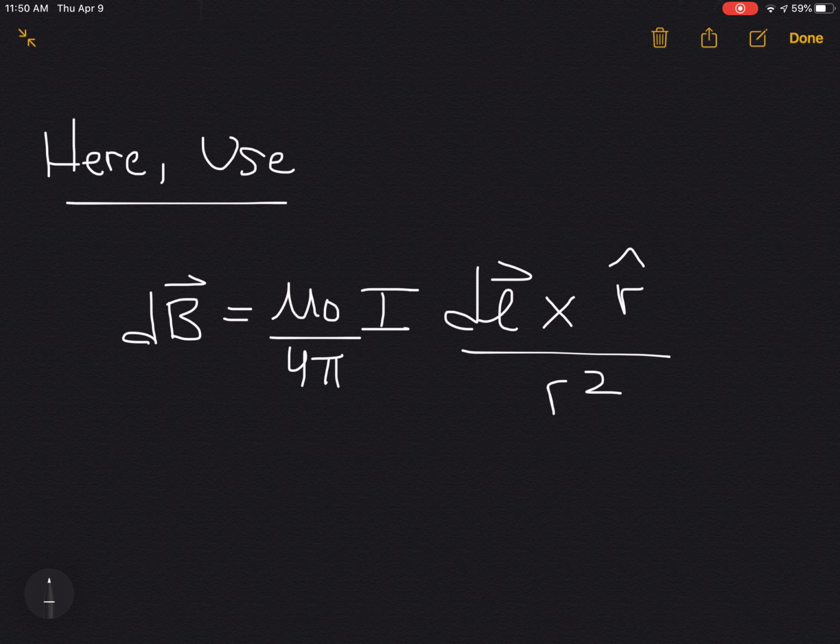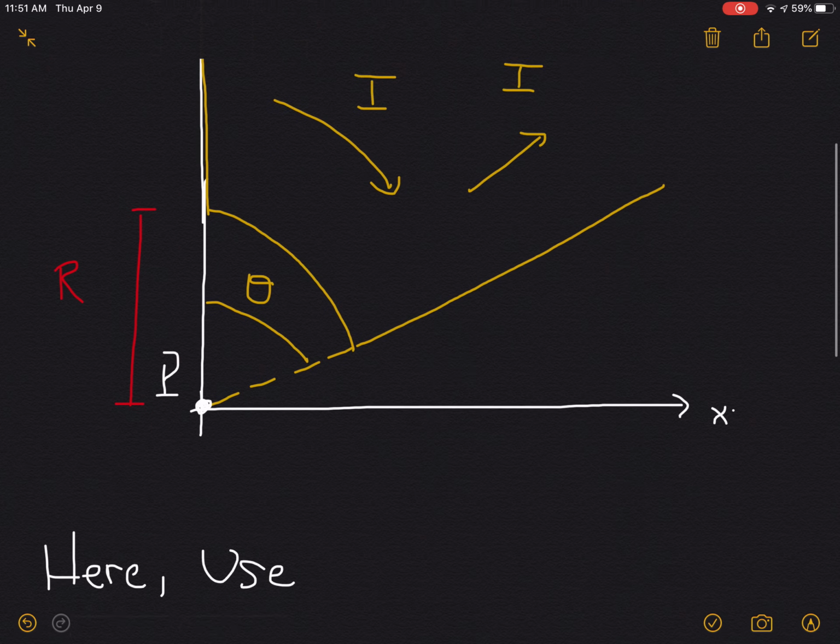R hat is the unit vector that points from the segment of wire that contains the current to the point that we're interested in observing the magnetic field, in this case, the point P. R is the distance from the current source to the point P, and dl is the direction of the wire segment that we're interested in. So we're going to see how this all comes about in the problem at hand.